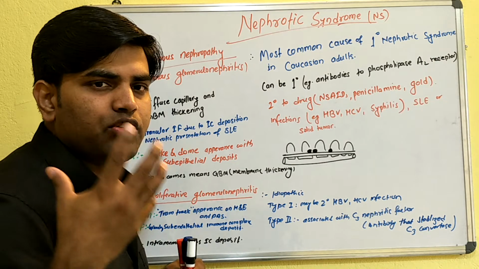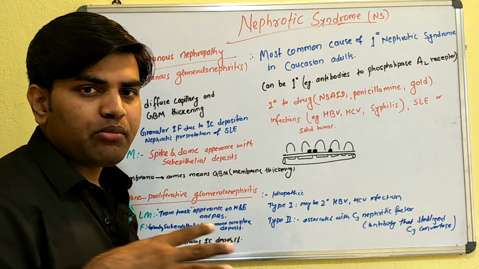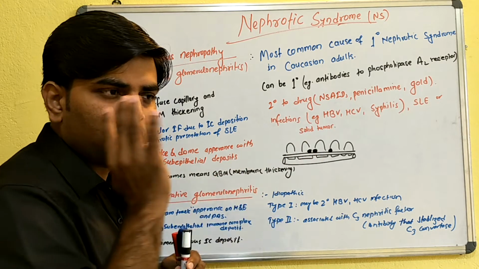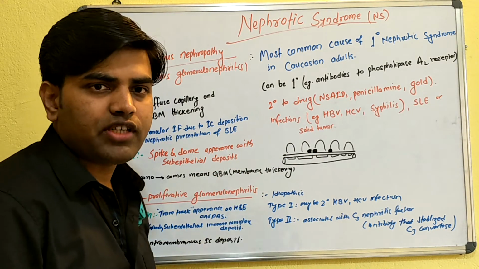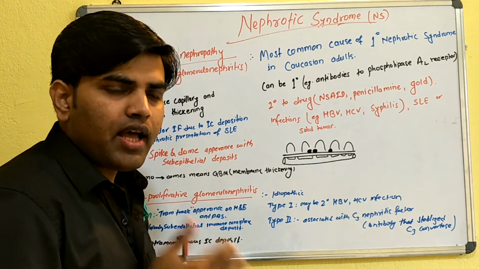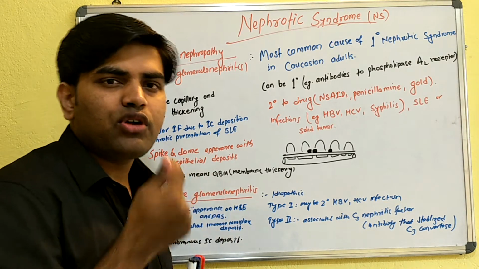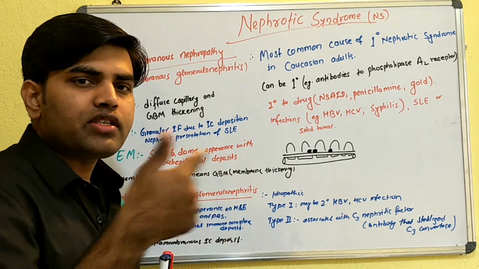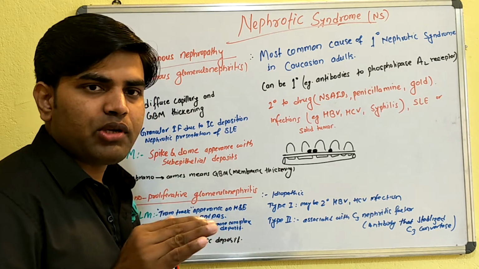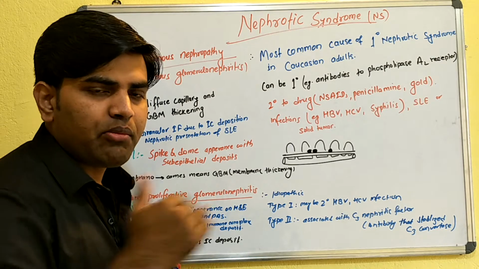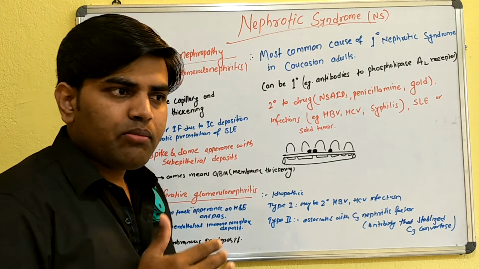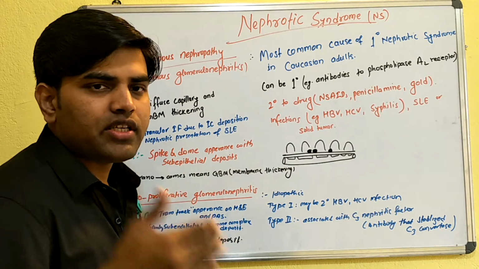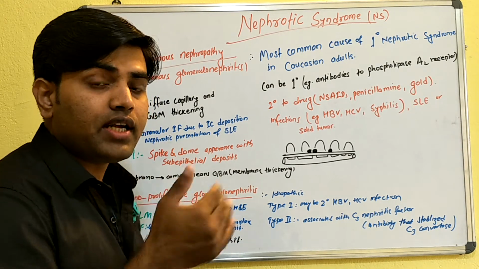Then it should ring in your mind that they are directing you towards minimal change disease for children, or towards focal segmental glomerulosclerosis for African Americans, and the diagnosis should come to your mind suddenly. Only then will you be able to answer the second and third order questions. Although USMLE will not directly ask you a primary first order question, if this doesn't ring in your mind, you will not be able to understand the second or third order questions. So that is necessary.